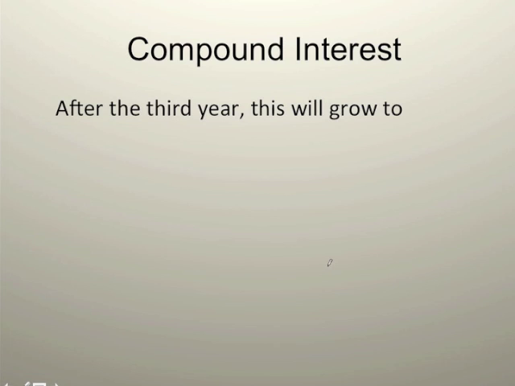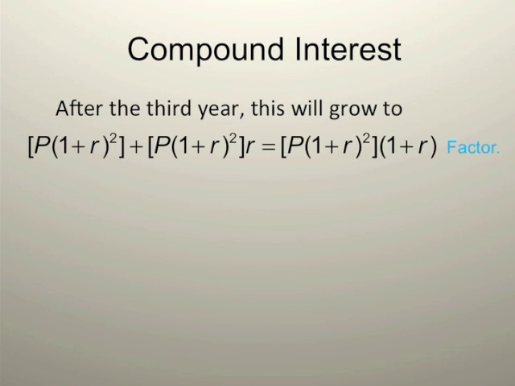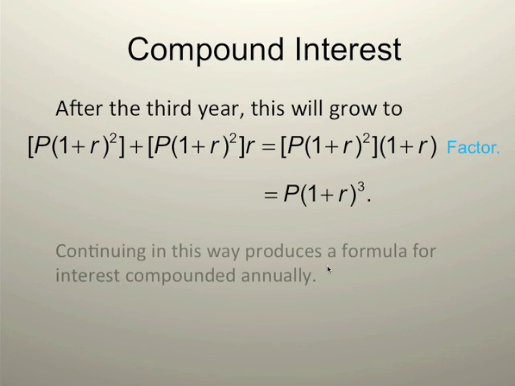If we do this for a third year, this will continue to grow, and we'll end up with P times 1 plus R cubed. Continue this way to produce the formula for interest compounded annually. So the amount you now have in the account equals the principal times 1 plus the rate raised to the T, the number of years that it's been on deposit.